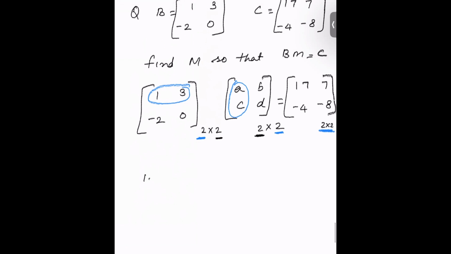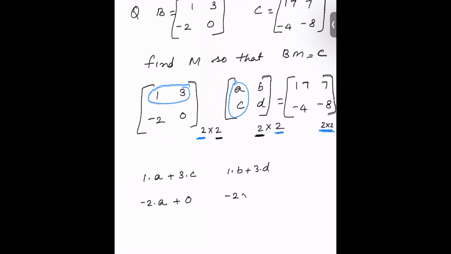It is going to be 1 into A plus 3 into C, then 1 into B plus 3 into D. Next row, negative 2 into A plus 0 into C, I don't need to write that because 0 into C is 0 only.